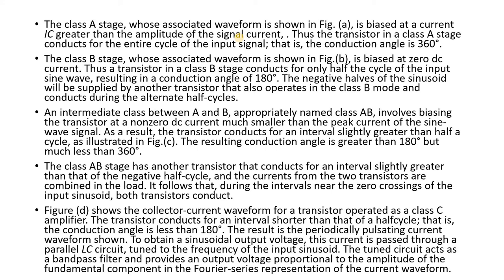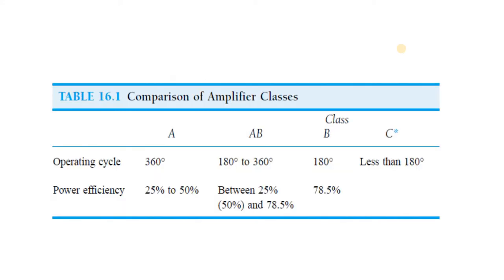Then you need to mention whether you are going to get the entire cycle, half cycle, or more than half cycle, and then the conduction angle. If it is a full cycle, the conduction angle is 360 degrees. If it is a half cycle, the conduction angle is 180 degrees. If it is more than half cycle, it is between 180 and 360. And if it is less than half cycle, it is less than 180 degrees. All these things you need to explain.